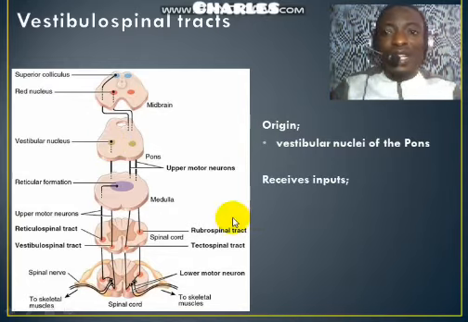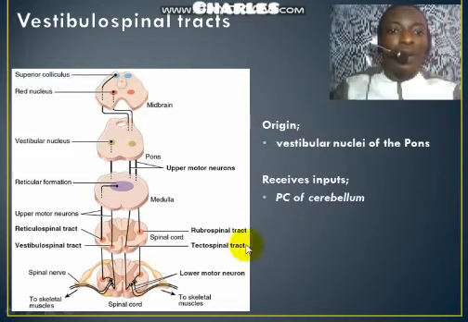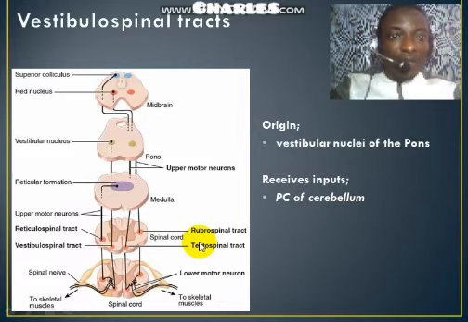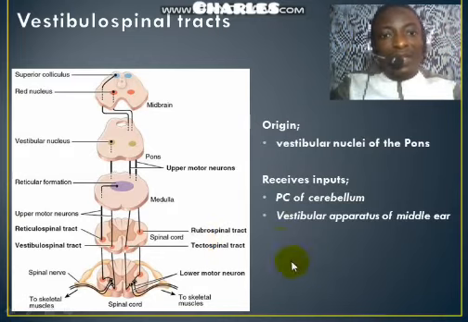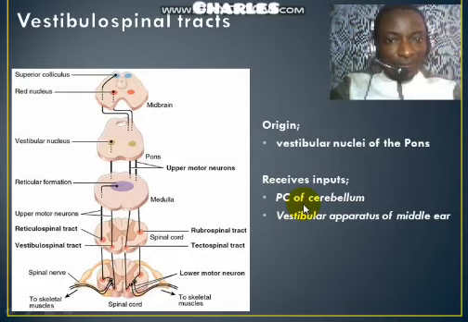It receives inputs from the Purkinje cells of the cerebellum. It also receives inputs from the vestibular apparatus of the middle ear. When we treat the cerebellum, I'm going to show you all the cells of the cerebellum and explain their specific functions.